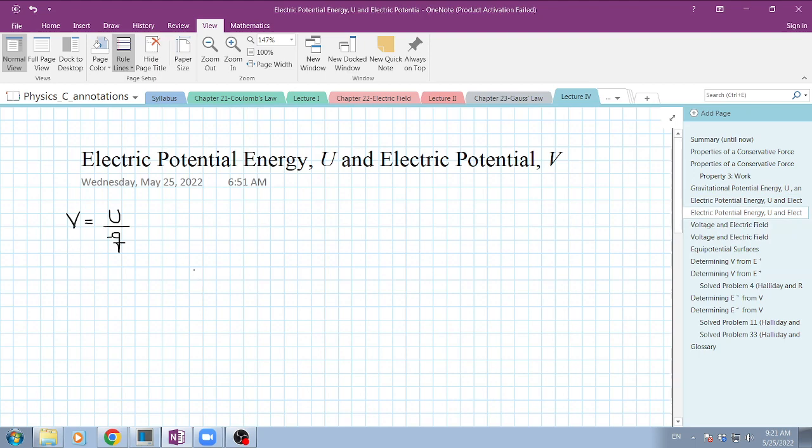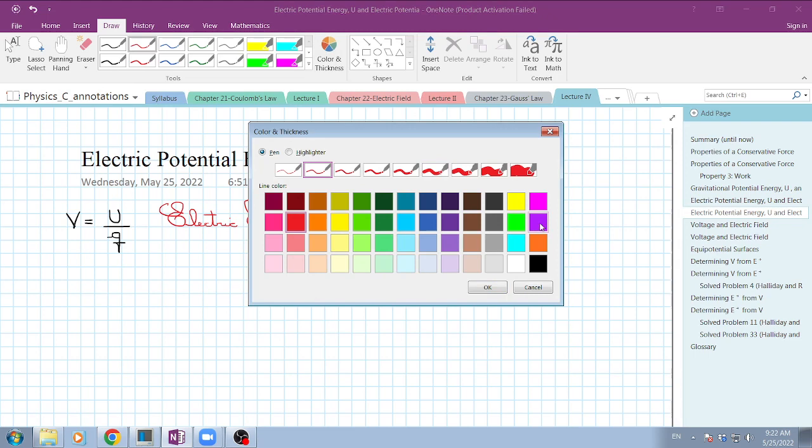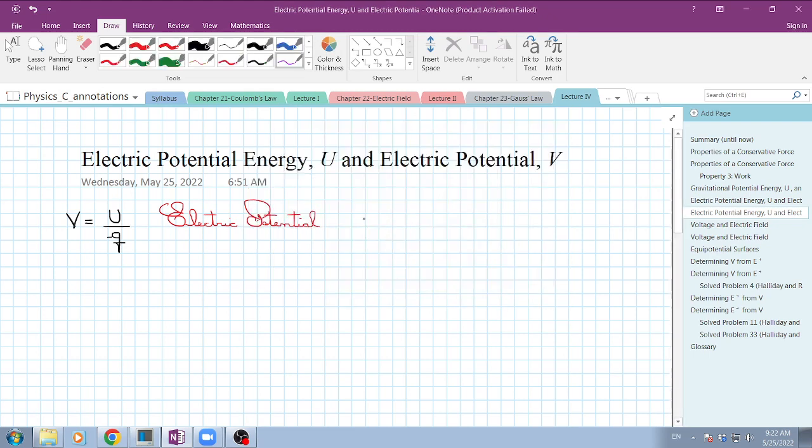Okay, so this is called electric potential, like I said before, and from that we can define, as I told you, this is very important, our units here. The units are coulomb.